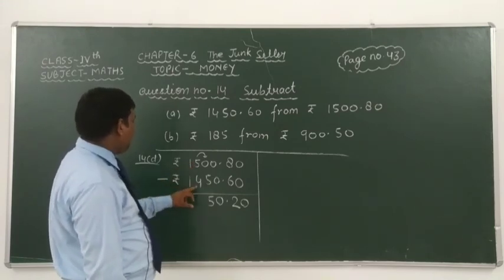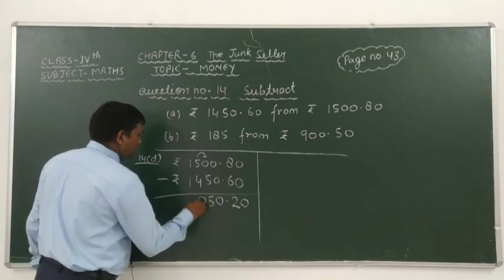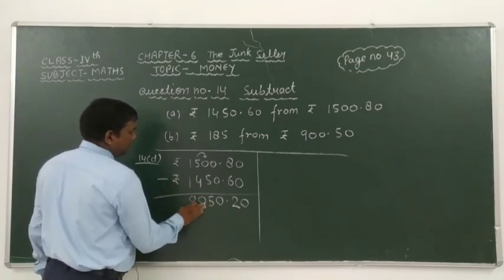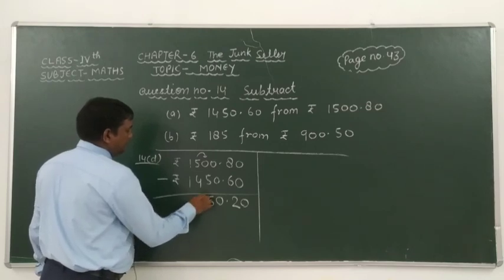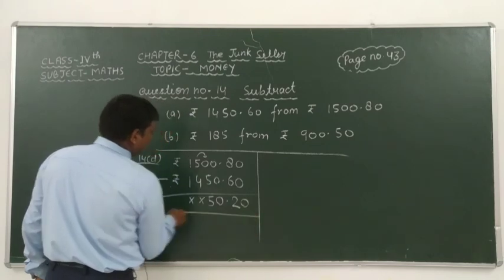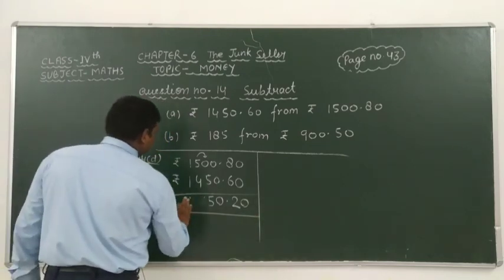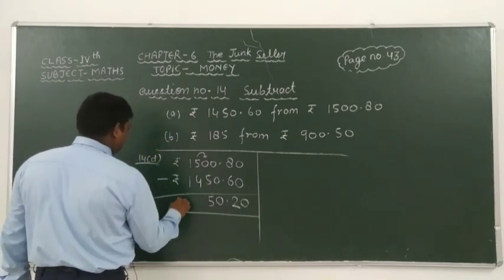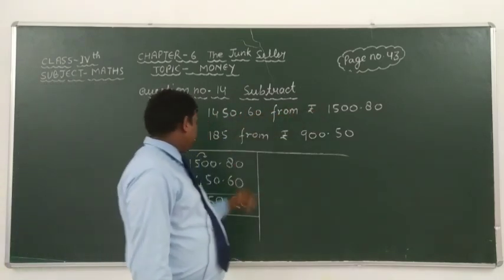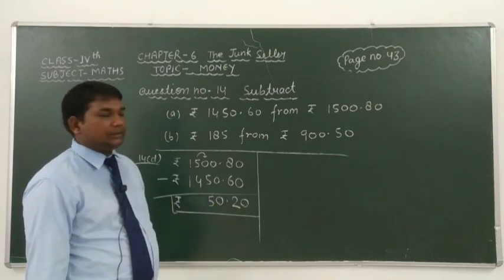Then 4 minus 4 is 0, and 1 minus 1 is 0. It means that here we get 50 rupees 20 paise. Okay students, understand? After subtracting these, we get 50 rupees 20 paise.